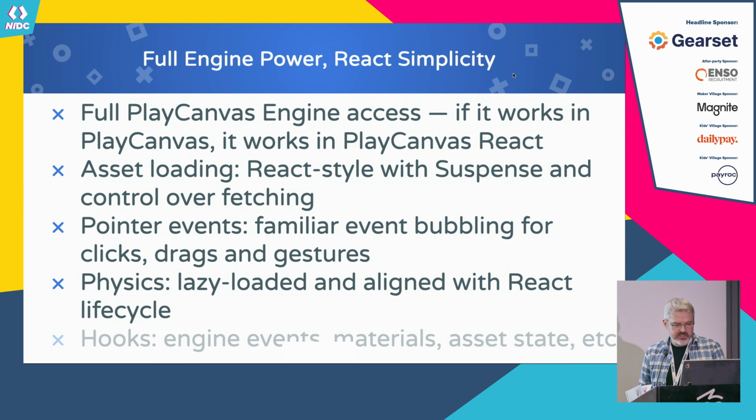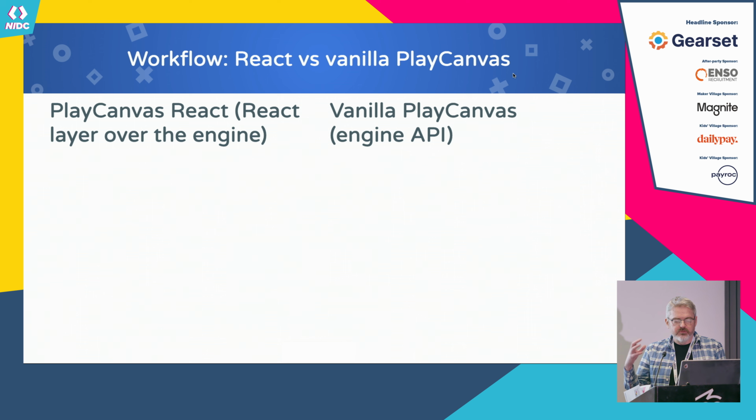Also, you've got access to a load of hooks that the PlayCanvas React engine provides you. So you can manipulate events, materials, assets, all this sort of stuff. So it also comes in a vanilla JavaScript version that's not React-based, so we'll just look at the difference between that.